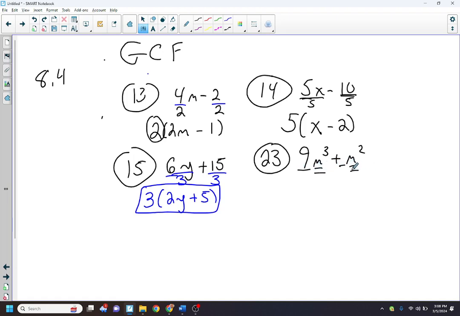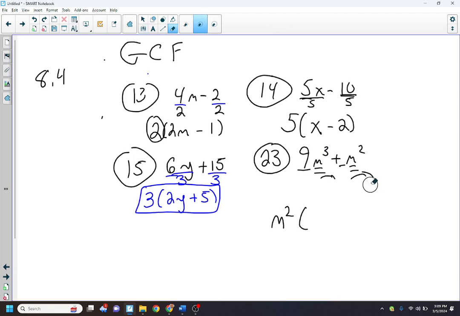When you look at variables, you look at what's in common between them. There are 3 m's over here and 2 m's over here, so they both have 2 m's in common. That's what m to the third means, m times m times m. So m squared is what's in common.